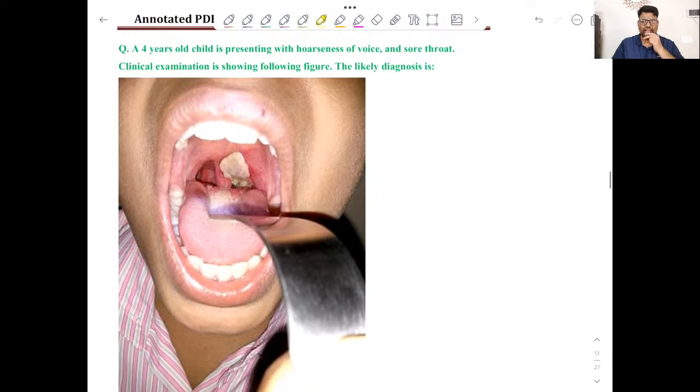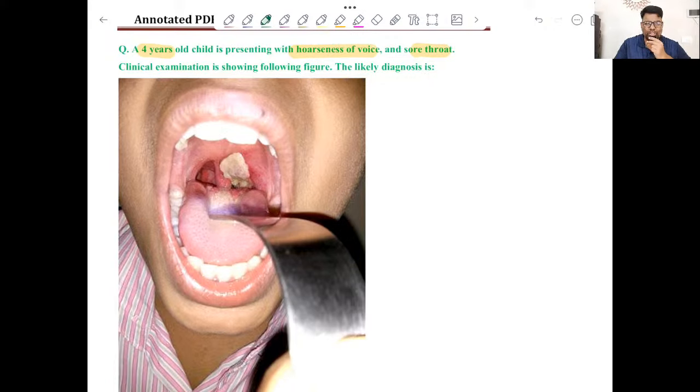Now this question is very basic and it has been repeated in other exams as well. So here a 4-year-old child has hoarseness of voice and sore throat, and a clinical examination image is shown below. What can be the diagnosis here?